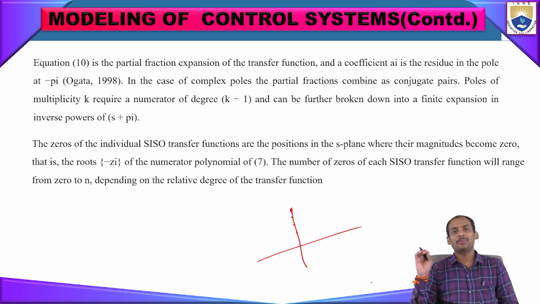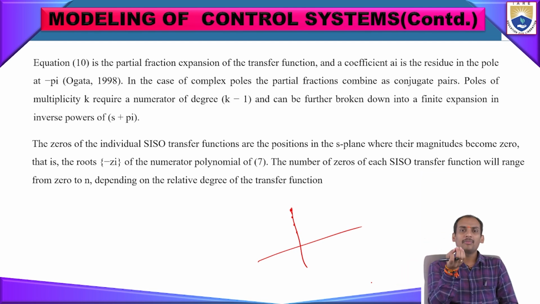If you use the Laplace transform, it will be transferred into the Laplace operator s, and that gives you the roots of s. Those roots of s are called poles. And if only poles are present and the s plane values are not present, then that is called zeros.